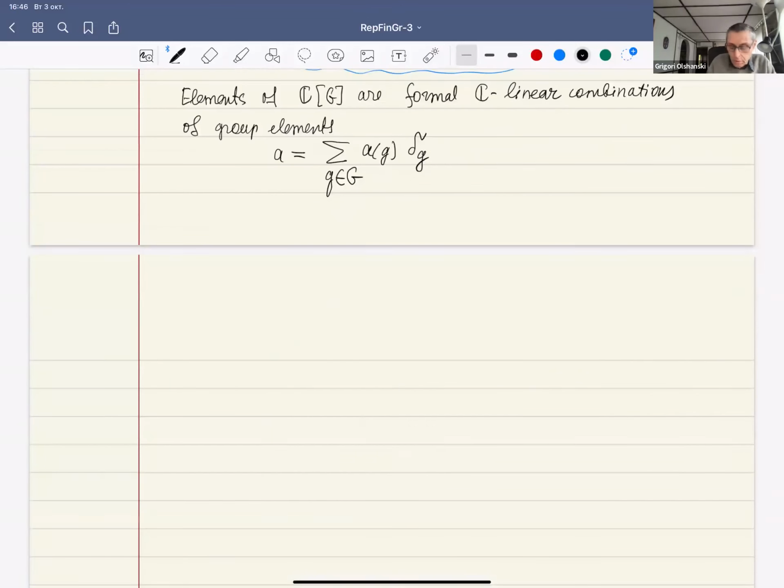This is a complex space by the very definition, and the product is induced by the group law.